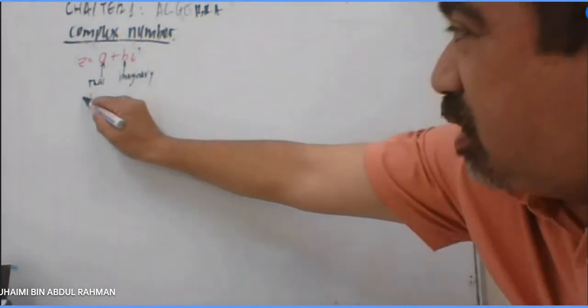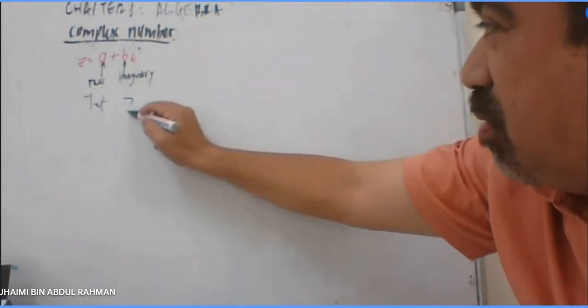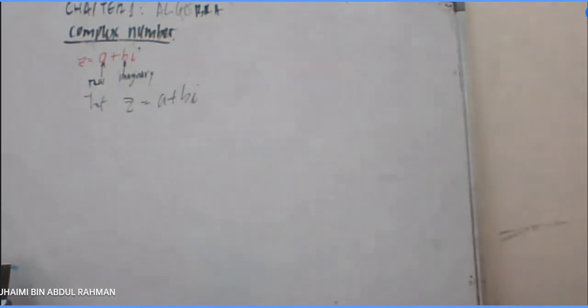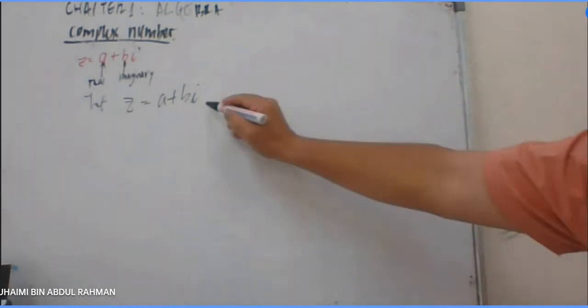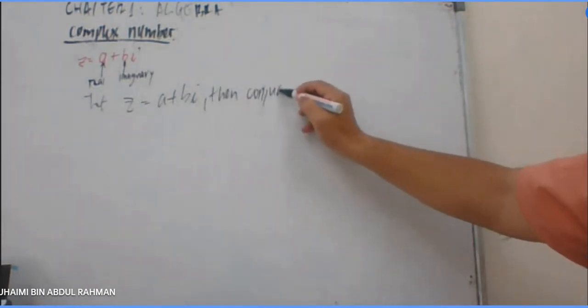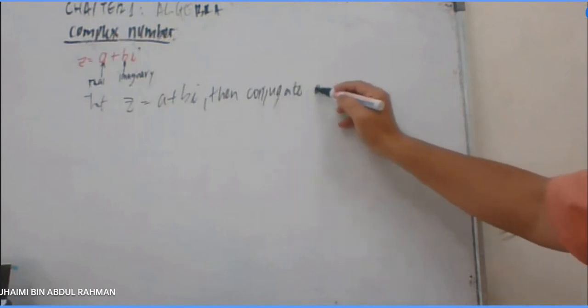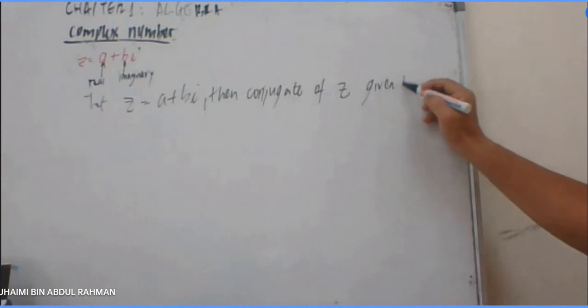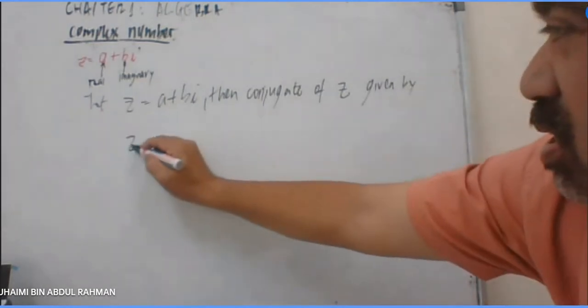Let's say complex number Z equal to A plus BI, then the conjugate of Z is given by Z bar.